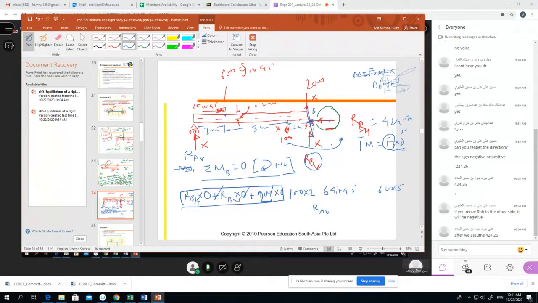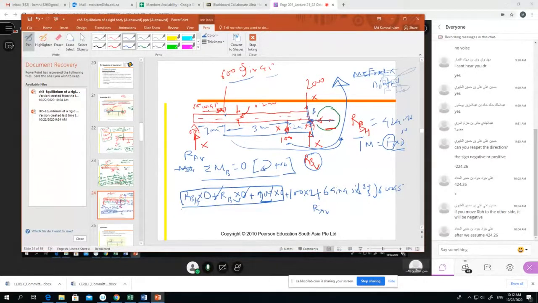It is rotating anti-clockwise, so it is plus. Then we have another force, 600 sine 45 degree. It is also rotating anti-clockwise with respect to B, so it is also positive. The distance is 2 plus 3, total 5.